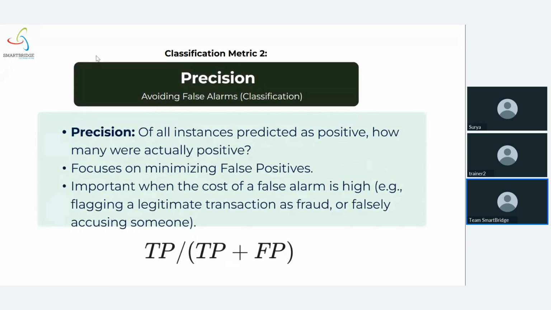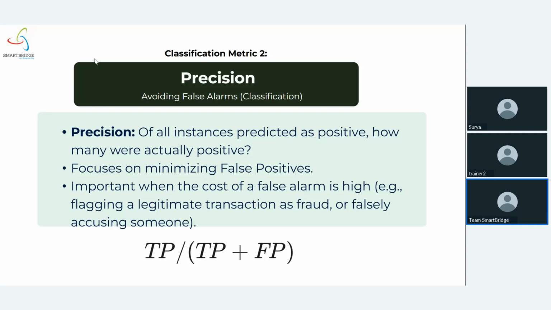Coming to precision, it is nothing but, out of all the instances that we have predicted, how many instances did we predict as positive? Precision is mostly used for minimizing the false positive values. Precision focuses exclusively on the positive predictions in our model.